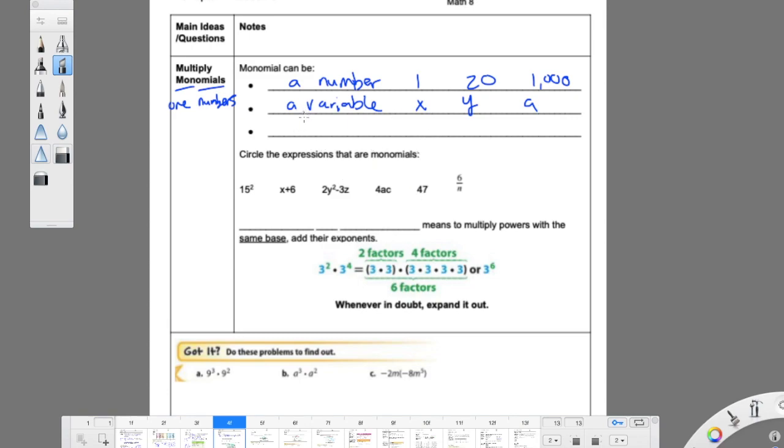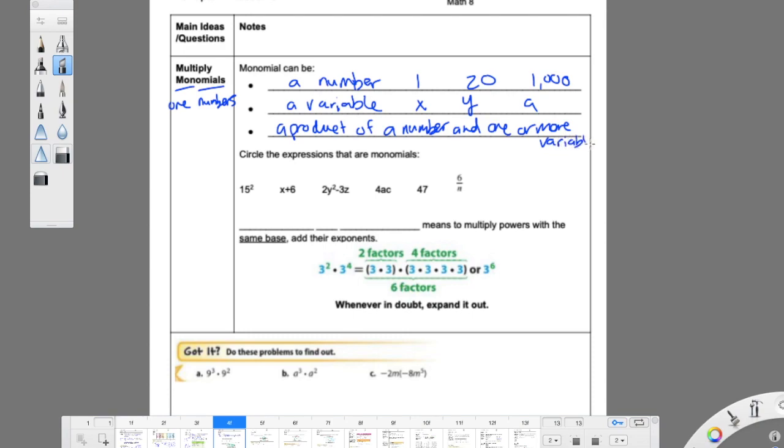Or it can be a product of a number and one or more variables. Sorry, I'm going to stick that on the end there.